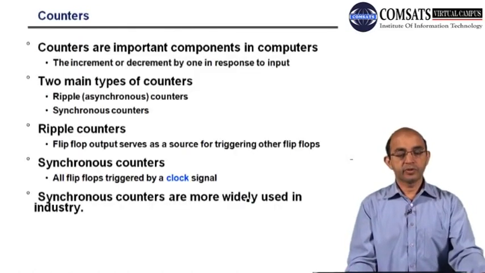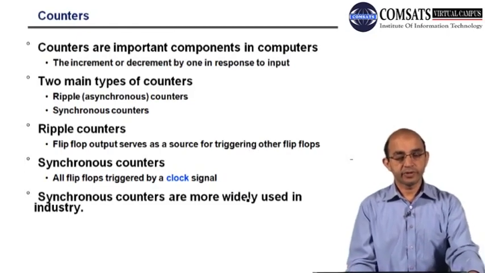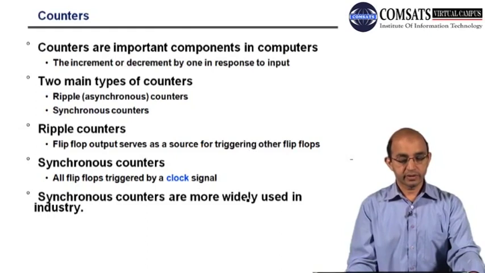And then we talked about counters, because they are a very important element within computers. We can have count up and count down, that is incrementing or decrementing. We have two different types of counters: the ripple counter, which is an asynchronous counter, and the synchronous counter.